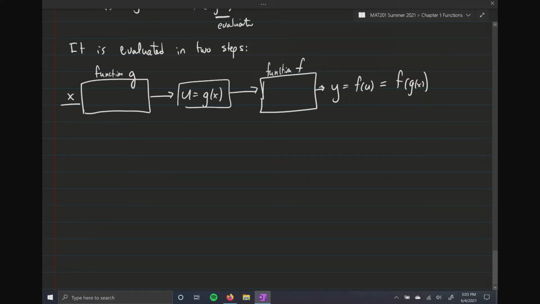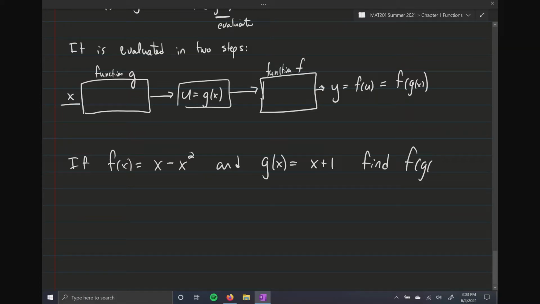All right? So let's go ahead and actually evaluate a compositional function. So if f of x equals, we'll do something simple, x minus x squared, and g of x equals x plus 1, find f of g of 2.